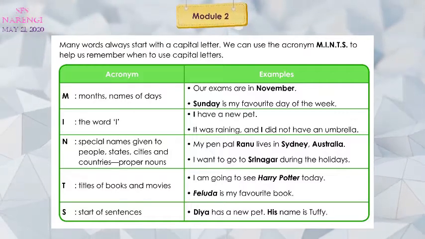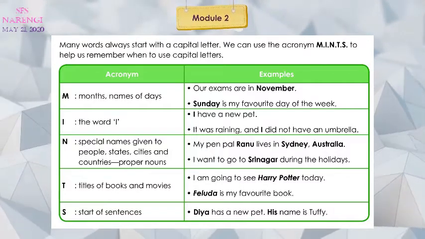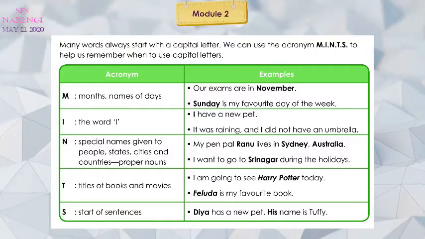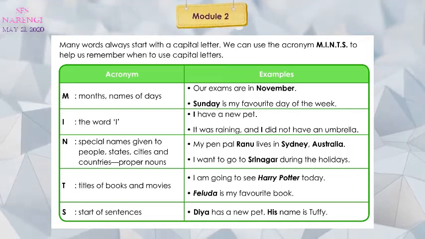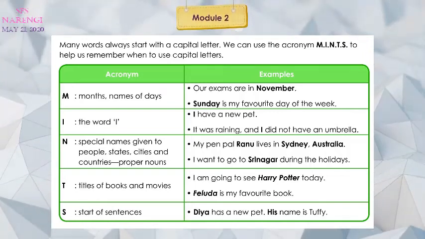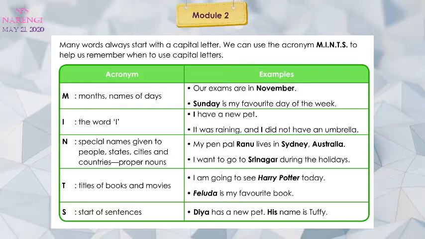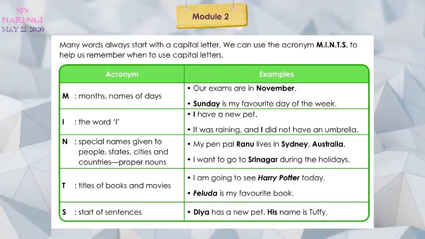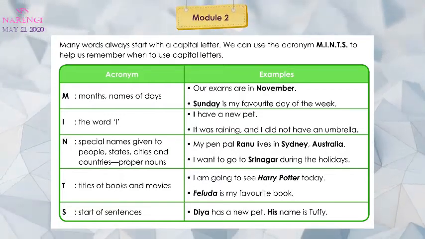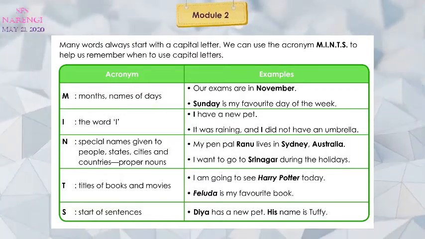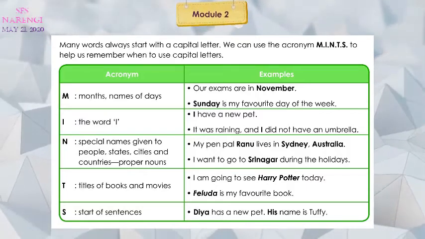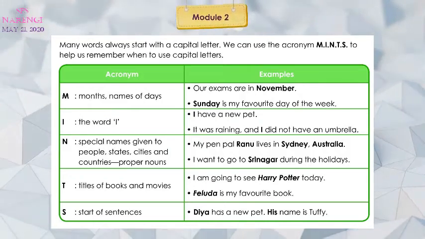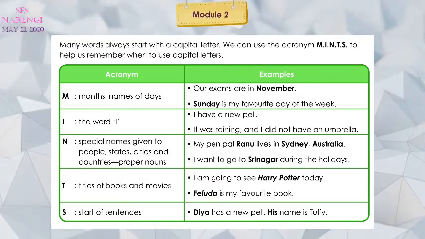But before that, we will learn what acronyms are. It is a new word, right? So acronyms are shortened forms of words or phrases. For example, if I say SFS, does the word sound familiar? Yes, what is it? SFS: St. Francis de Sales Higher Secondary School, right?